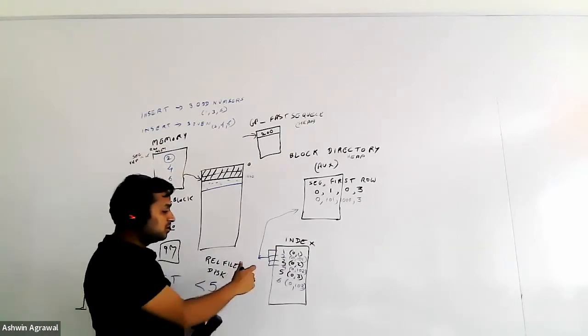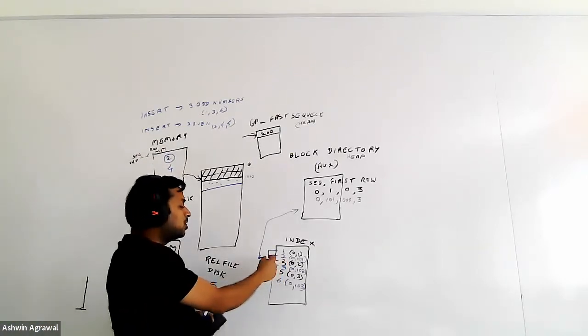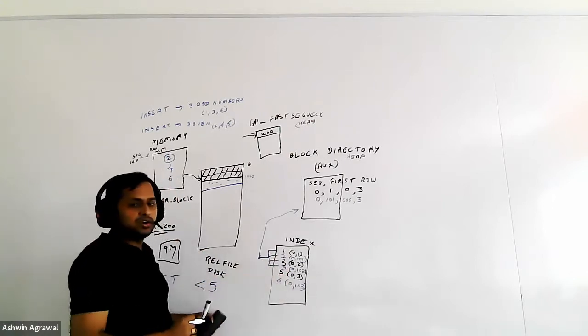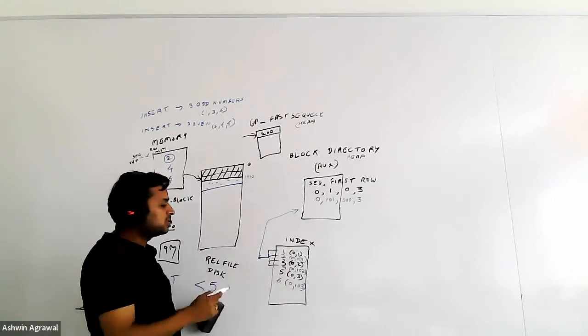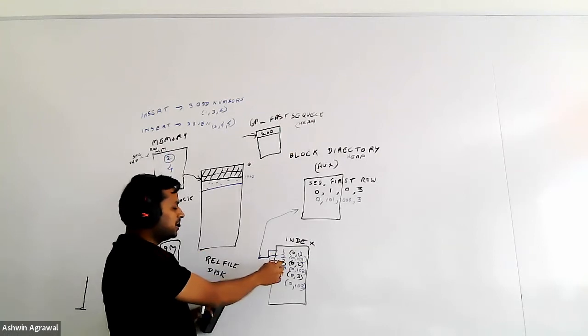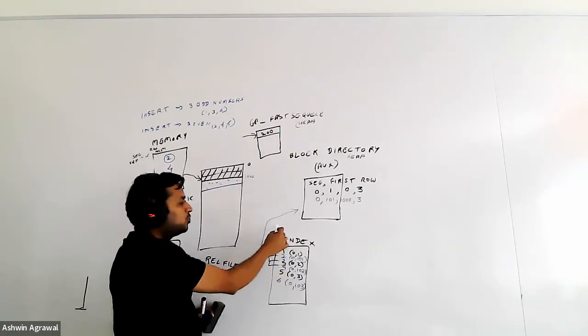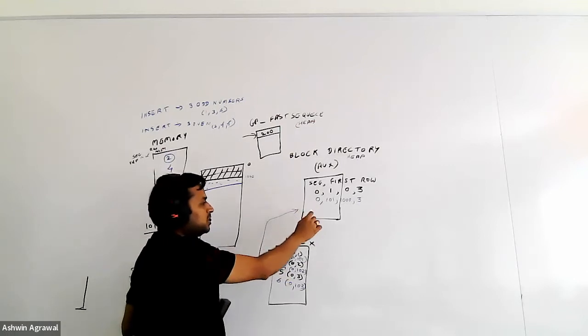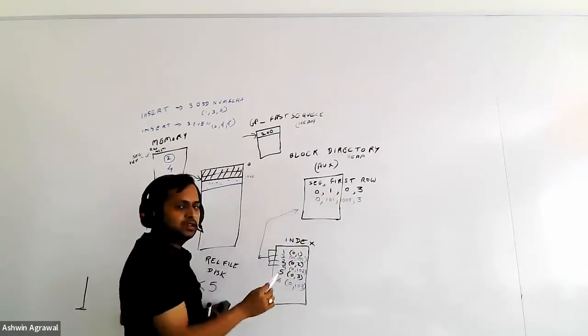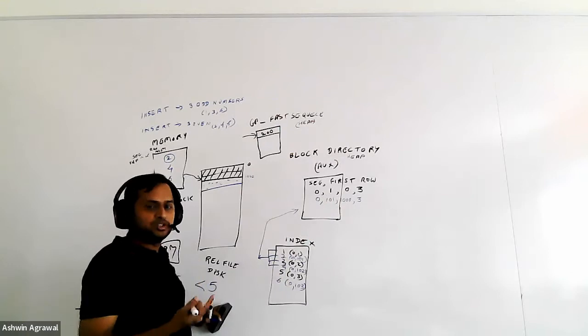Then we hit the third row. If we are scanning in this order, that's where the problem becomes that we are duplicating work. For scanning the third row, if you scan the block directory, it will again tell you that it maps to the same first block.